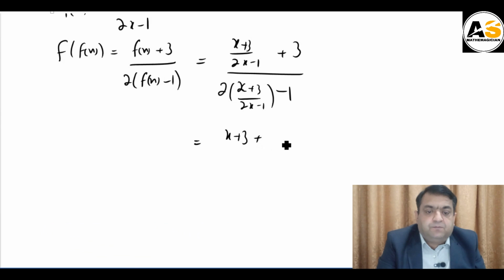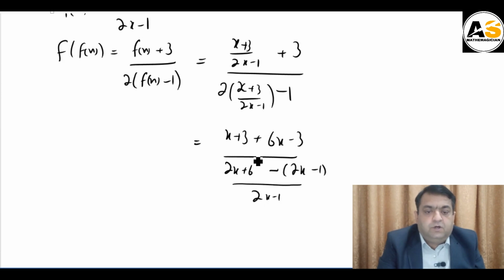This is (x + 3 + 6x - 3)/(2x - 1) over (2x + 6 - 2x + 1)/(2x - 1).